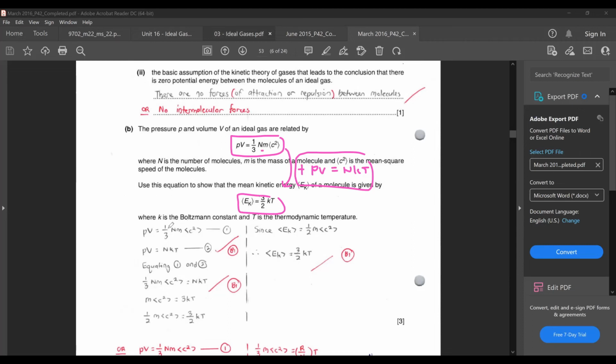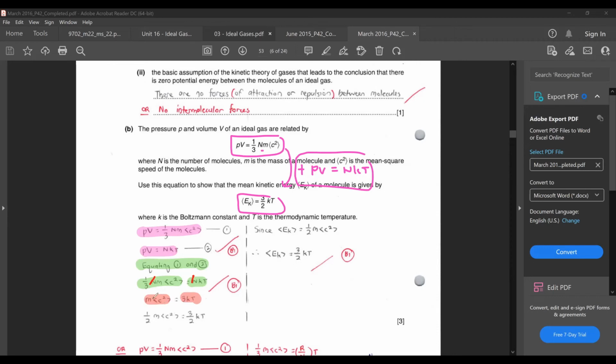So PV equals 1 over 3 NMc squared, the first equation. PV equals NkT, second equation. Equate both of them, you're going to get 1 over 3 NMc squared equals NkT. N will cancel off, giving you mc squared equals 3kT.